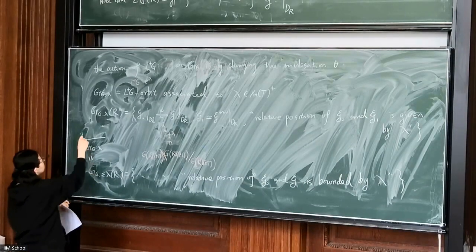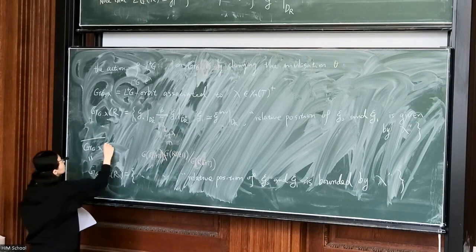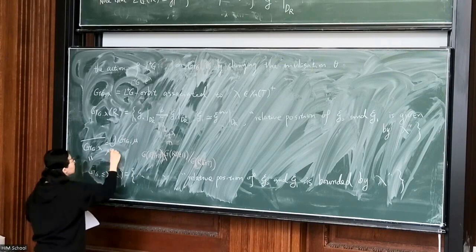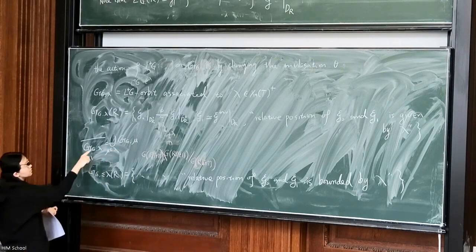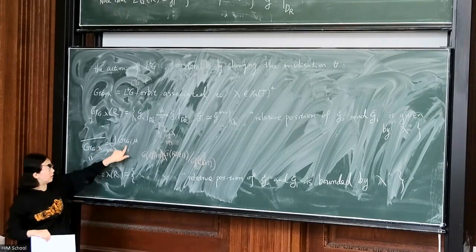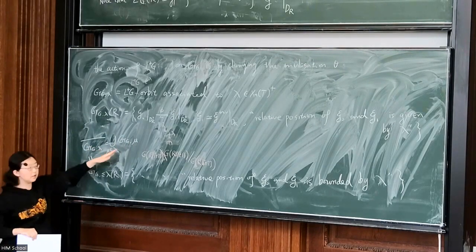Yesterday we saw that the closure is the union of the orbits for dominant coweights smaller than lambda.